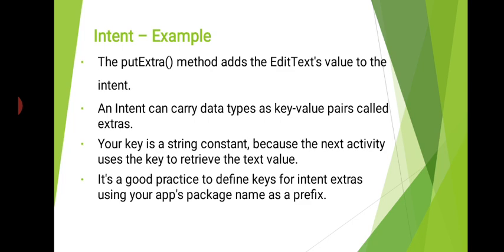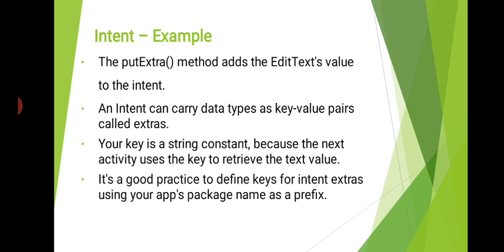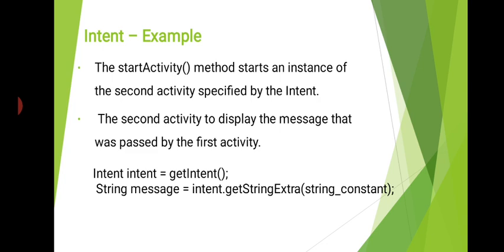It is a good practice to define keys for intent extras using your app's package name as a prefix. The startActivity method starts an instance of the second activity specified by the intent.